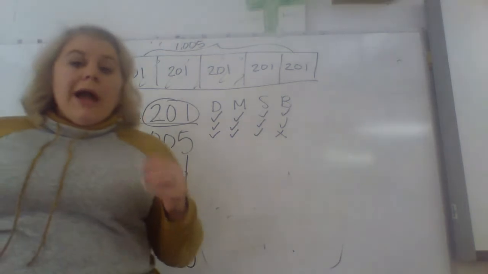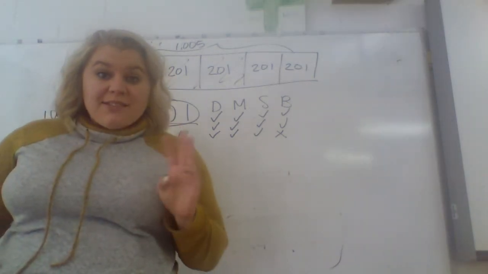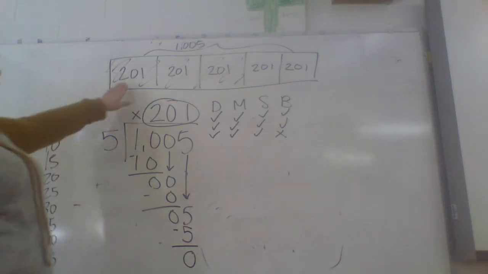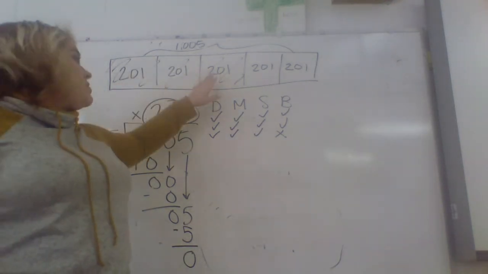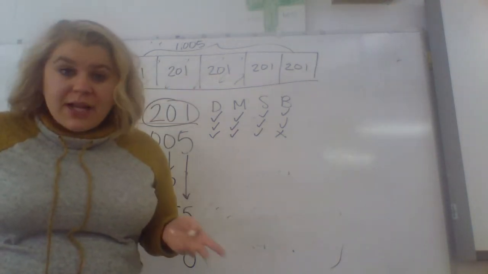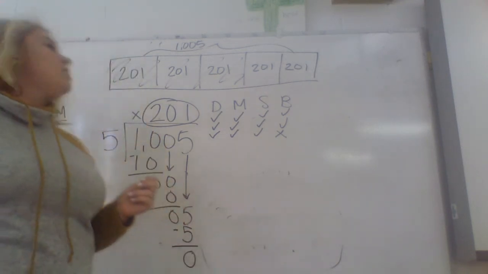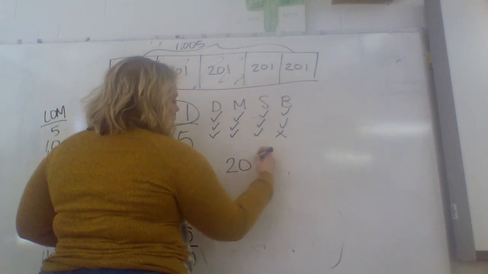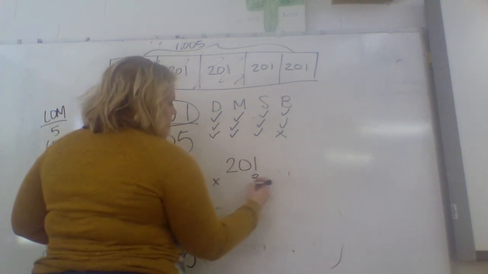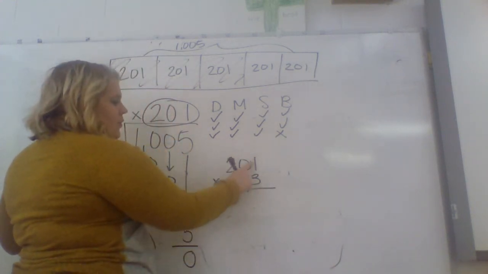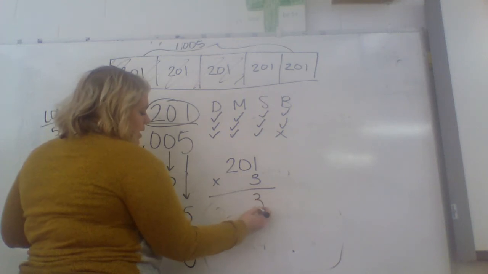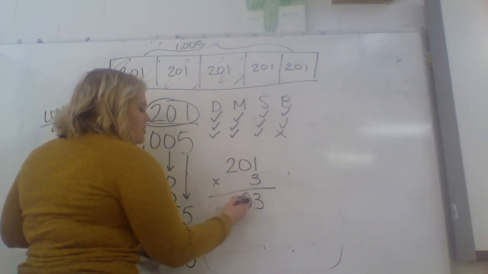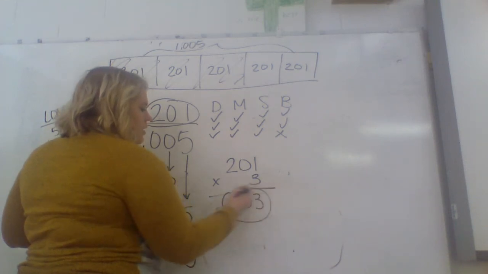So now, how many miles did she drive in 3 days? There's 2 different ways you could solve this. I could add 201 plus 201 plus 201. I know I'm only adding it 3 times, so that's not a bad repeated addition. Or I could do 201 times 3. 3 times 1 is 3. 3 times 0 is 0. 3 times 2 is 6.